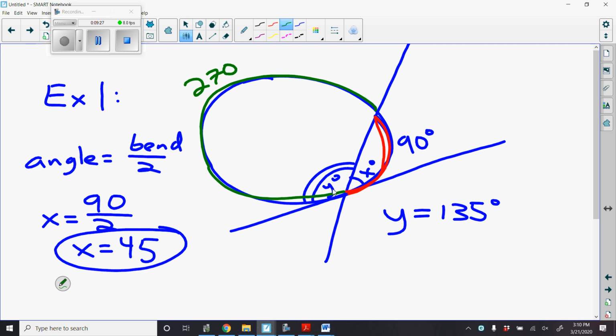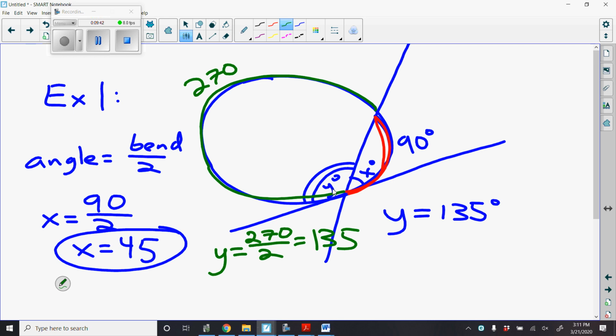And then I can say, hey, here's another secant tangent line. And I could say Y, the angle, equals the bend over 2. And I could also get 135, that method of solving.